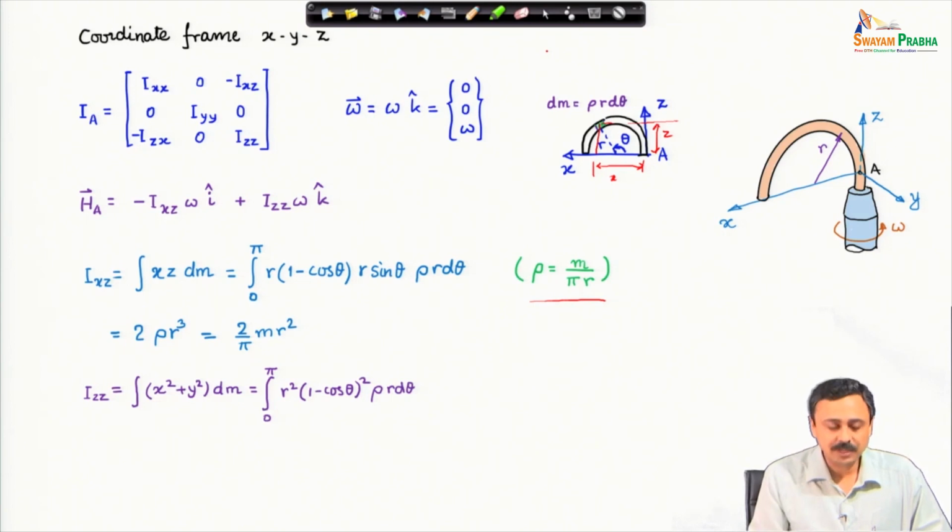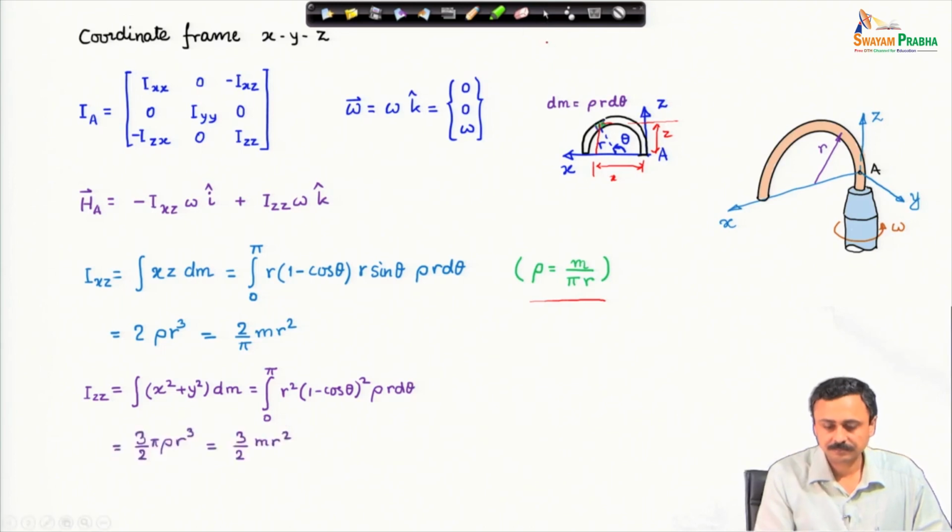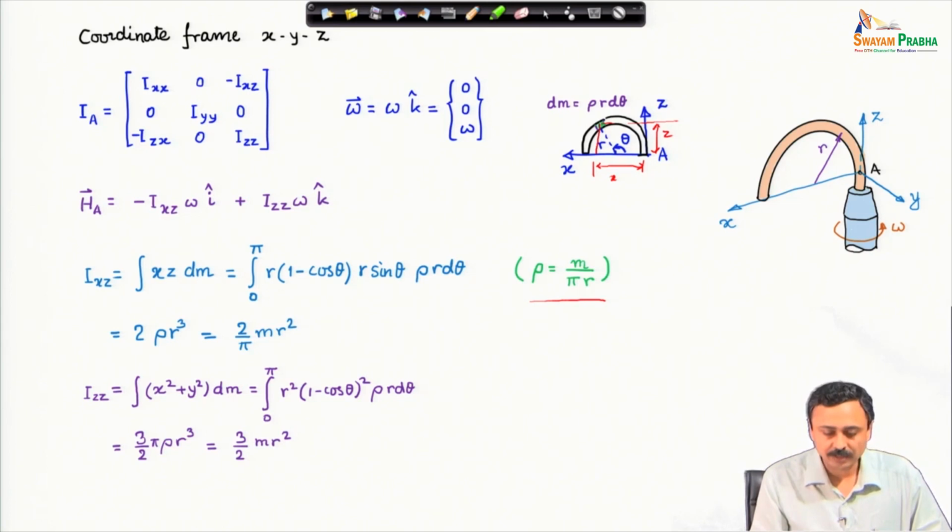This is simply x square plus y square integrated over dm. These expressions are written here, and what I do is I perform this integral, and this turns out to be 3 by 2 m r square.